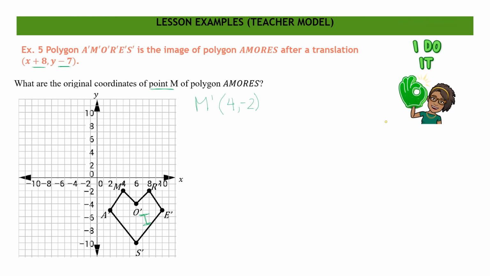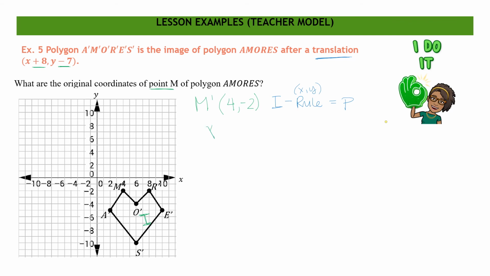Now, if I'm trying to find the pre-image point given the image point, there's a little rule we can use, given only a translation. We take the image point and subtract the rule, and that gives us our pre-image point. Remember, that rule consists of x and y coordinates. So let's apply that rule.